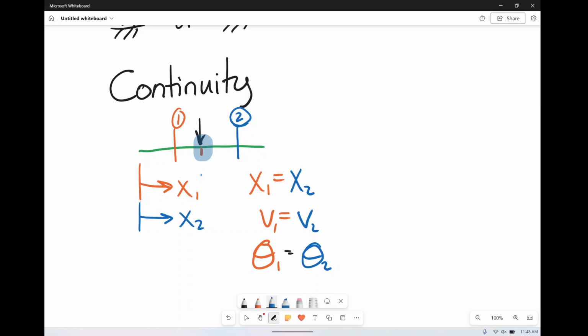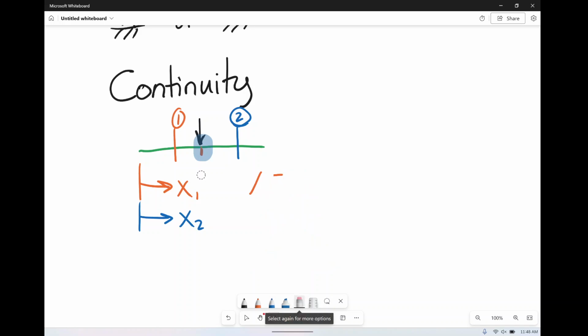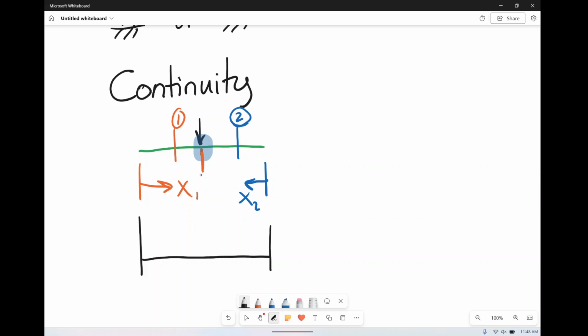Now, if you were measuring from a different direction, if you're measuring for x2 here, you're measuring from the other direction, well, things are a little bit different. Still, when they're at the same spot, we're not going to say that x1 and x2 are the same.